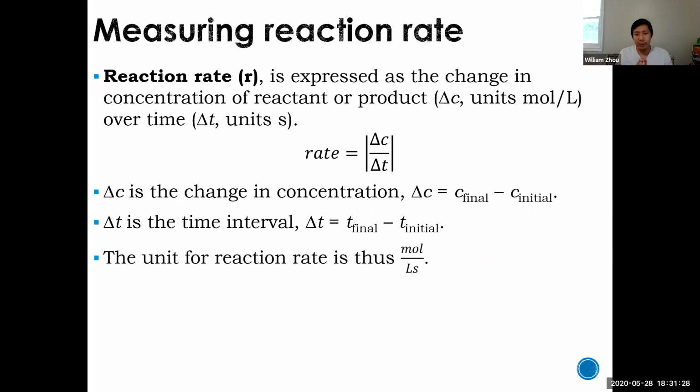So if you have concentration, which is moles per liter, divided by time, which is seconds, the unit for reaction rate should be moles per liter per second.